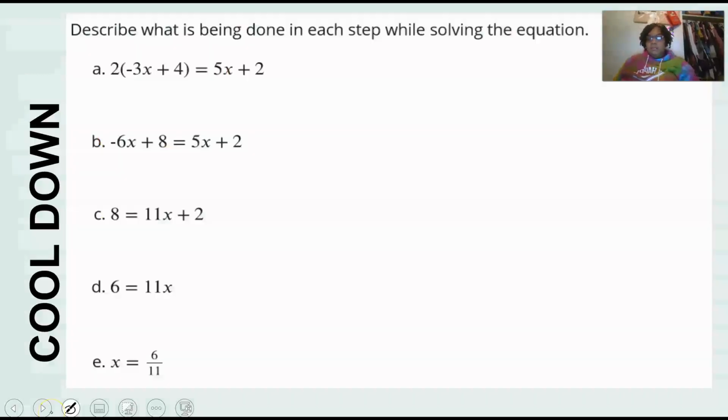Then you have the cool down, which requires you to write down the steps. The cool down is in the day 2 folder, and it says closure activity.